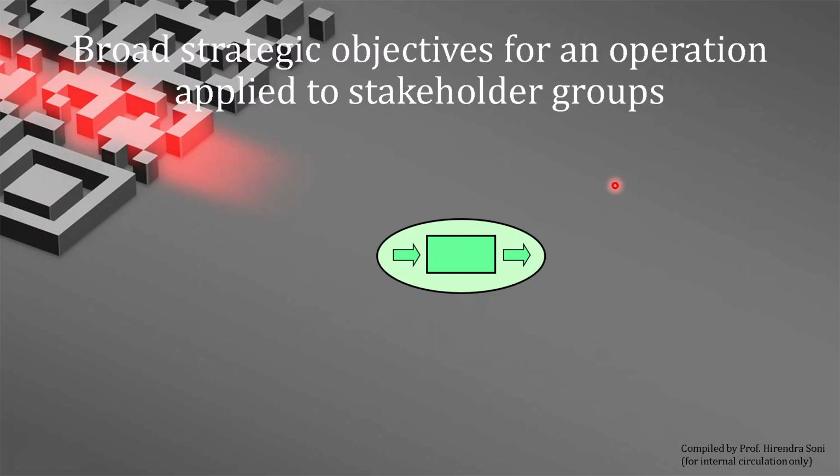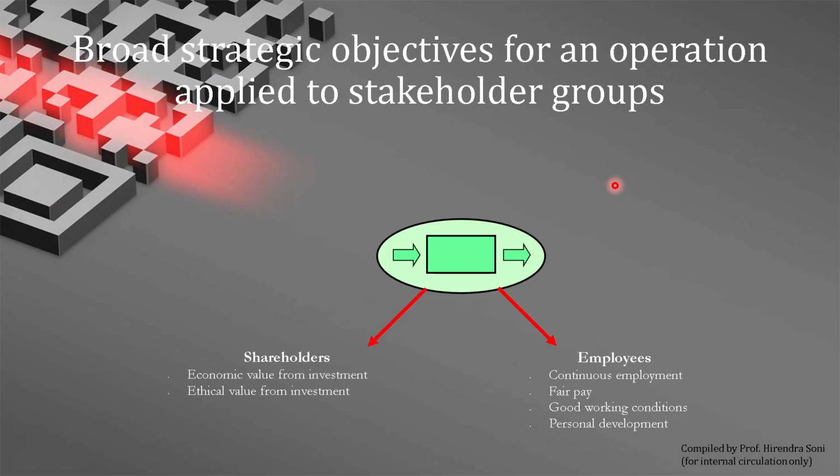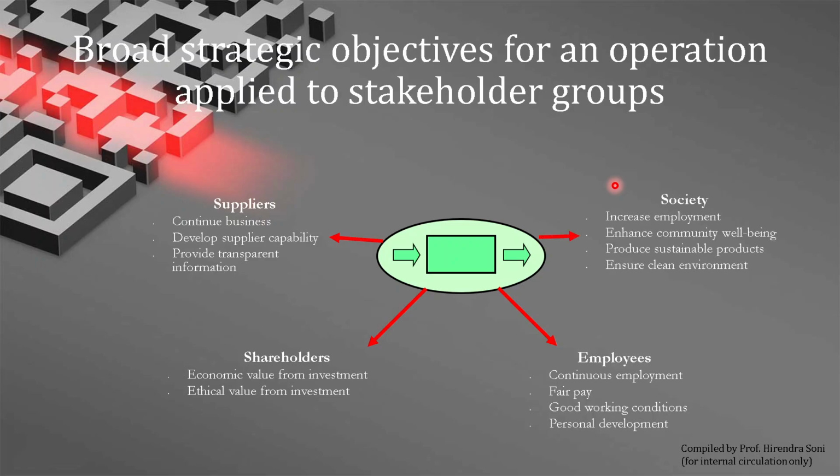Broad strategic objectives for an operation applied to stakeholder groups. As we have already discussed, the stakeholders can be in the form of employees, shareholders, suppliers, as well as society. These are the 4 major ones which we can talk about. If your operations are well optimized, you will be able to increase employment for the society, enhance community well-being, produce sustainable products, and ensure a clean environment.